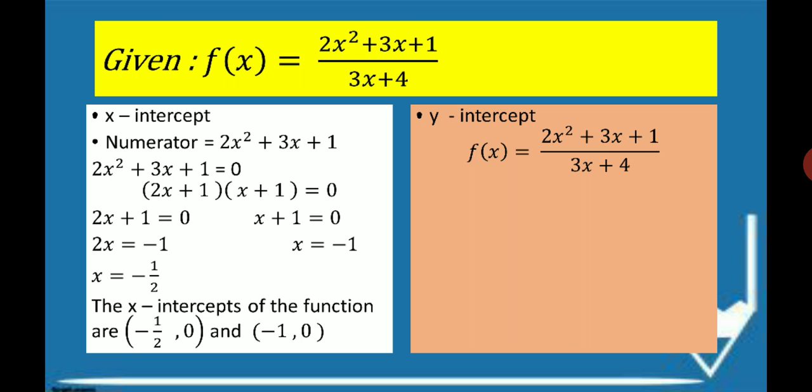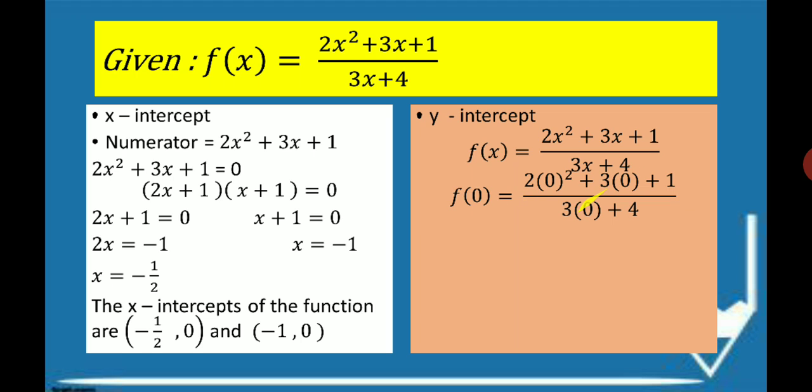Okay, next. How about the y-intercept? What are you going to do? Okay, correct. Just replace all the x's. Palitan na yung lahat ng mga x ng 0. So, replacing x with 0, we have 2 times 0 squared plus 3 times 0 plus 1 all over 3 times 0 plus 4. Ito yung kagandahan ng 0 property because any number multiplied by 0 is always equal to 0.